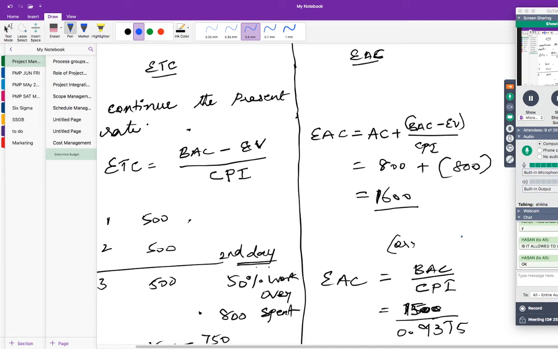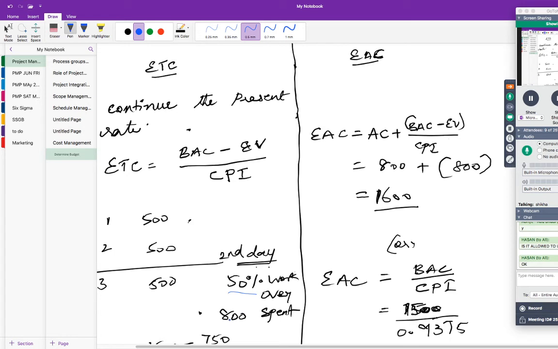In your examination they say you have got some actual cost, so you have already completed some percentage of work. In our example, 50% of the work is already completed, and the actual cost for that work was 800.